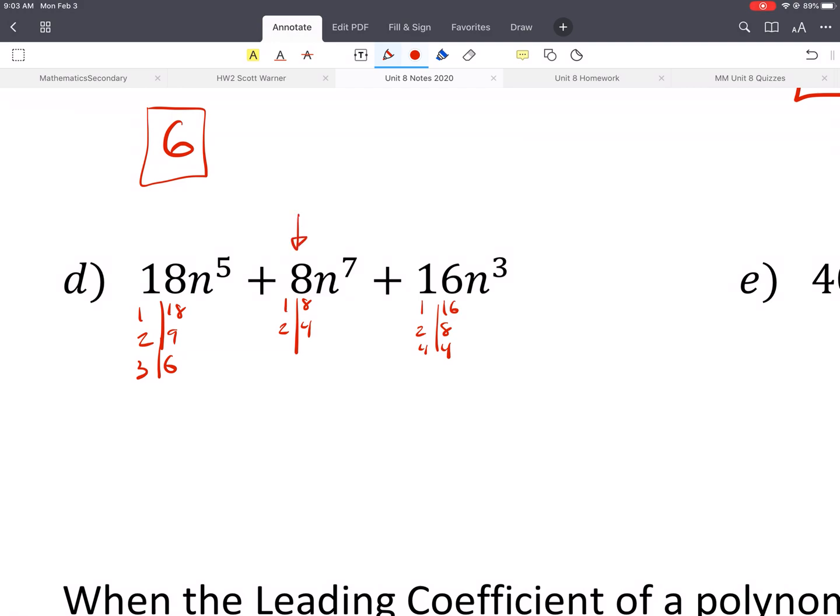We'll start with 8. Is 8 in all 3? Nope. Is 4 in all 3? Nope. Is 2 in all 3? Yes. So we can take a 2 from all 3 terms. And then for the variables, we'd look and say, what is the smallest exponent? Which would be n to the 3rd. So we can take 3 n's from all 3 of those terms.